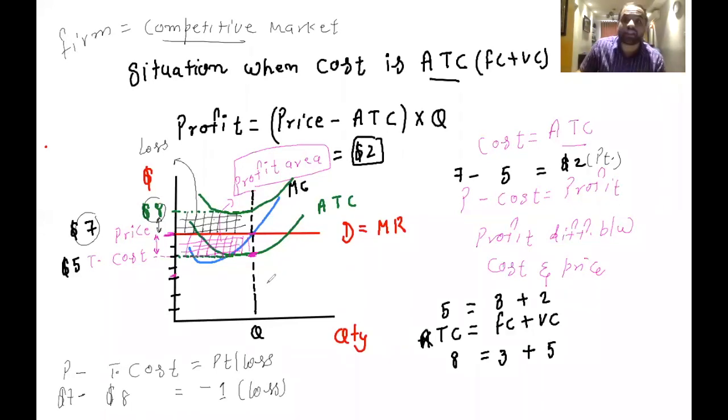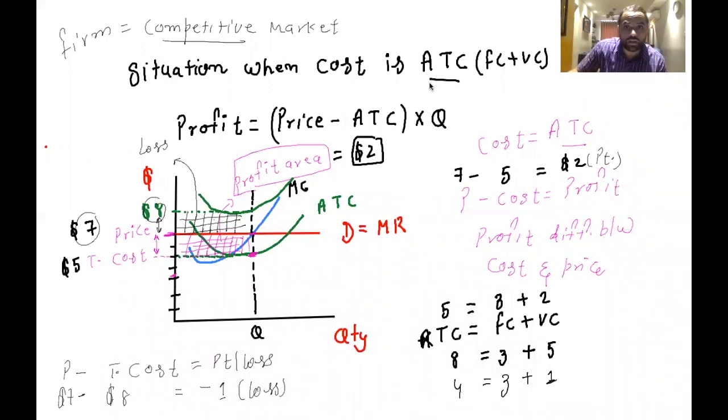If average cost decreases, for example, here fixed cost is the same, $3, and variable cost, let's say, becomes 1 instead of 5. So your total cost becomes 4.